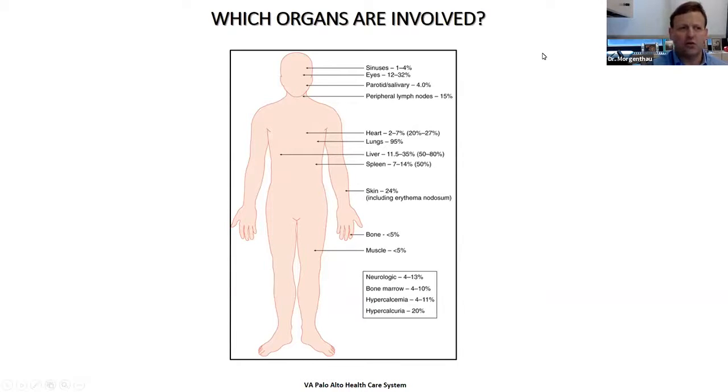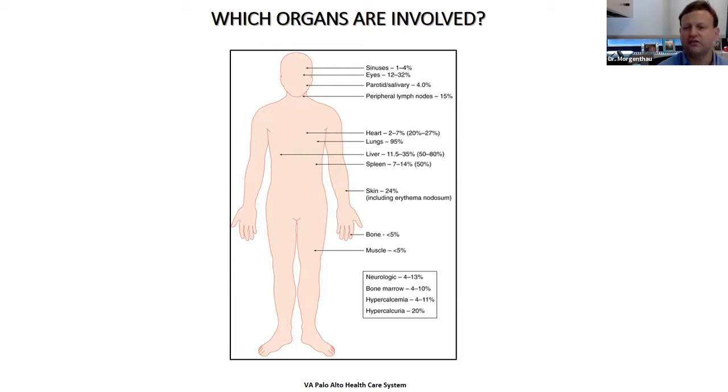As many of you know, sarcoidosis can basically affect any organ, but it more commonly affects certain organs. And this is a chart that sort of gives you an overview of the organs that can be affected in sarcoidosis and the frequency at which those organs are affected. And you can see that the lungs, for example, are involved in 95% of cases.